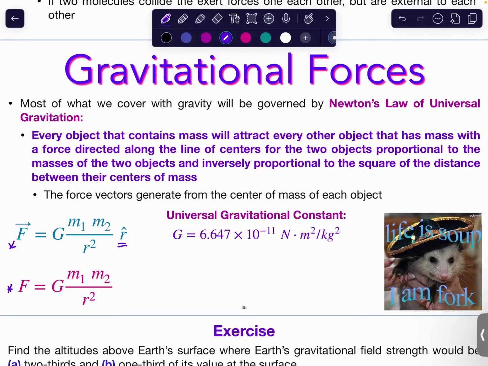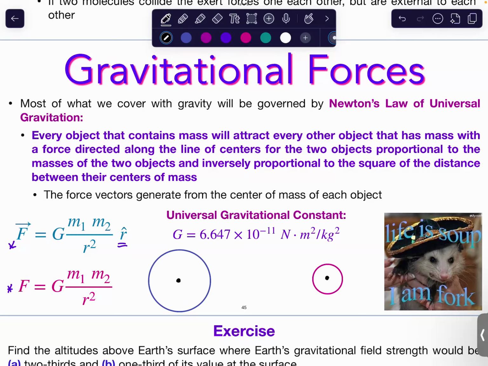So let's say we have one planet, star, whatever there. You have another one here. The center of mass for a sphere is going to be right at the center.